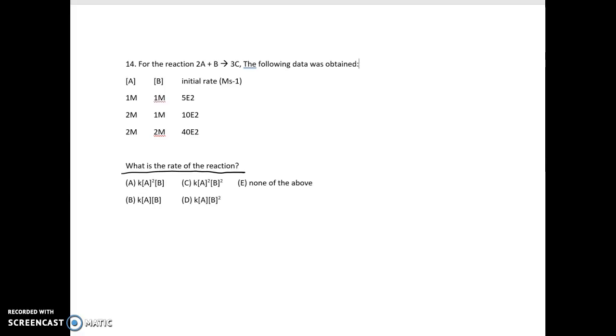To do this, first we have to remember that if it's zero order, the change in the concentration of the reactant is not correlated to the rate. If it is first order, the change in the concentration of the reactant is the same as the change in the rate.